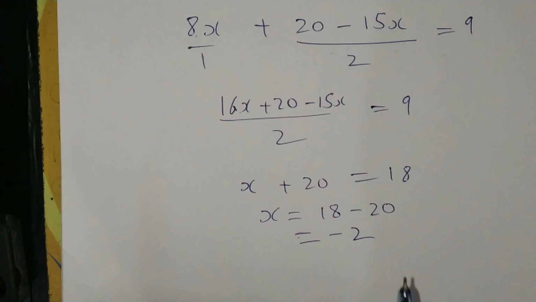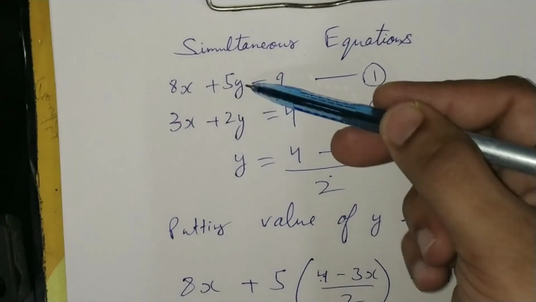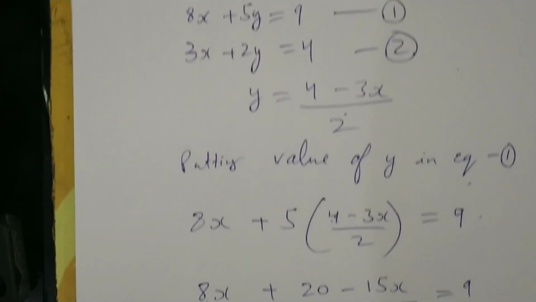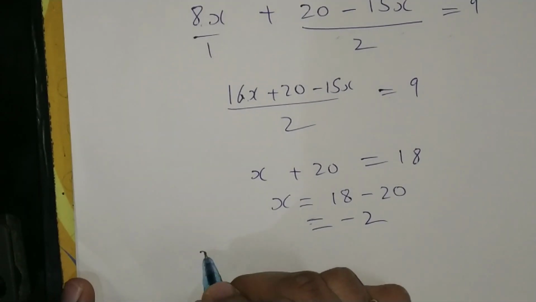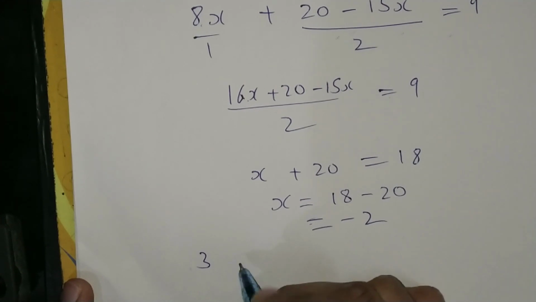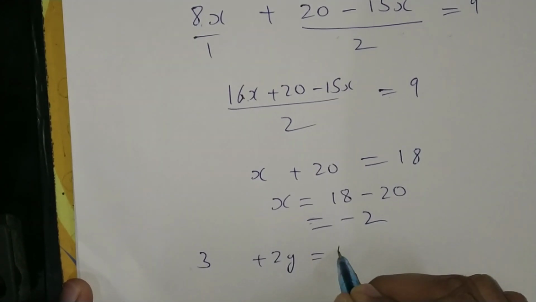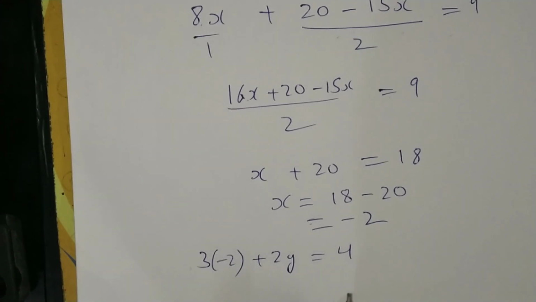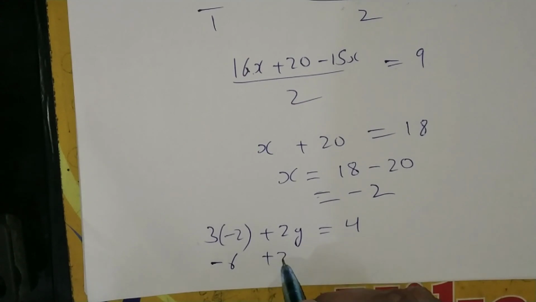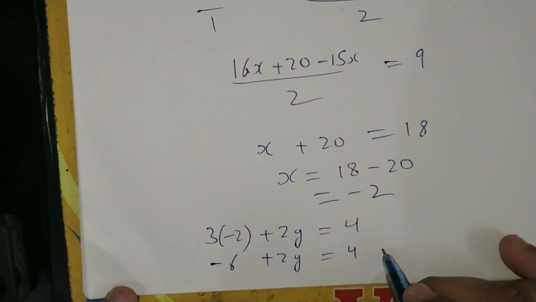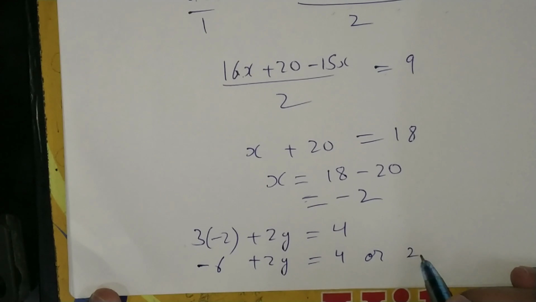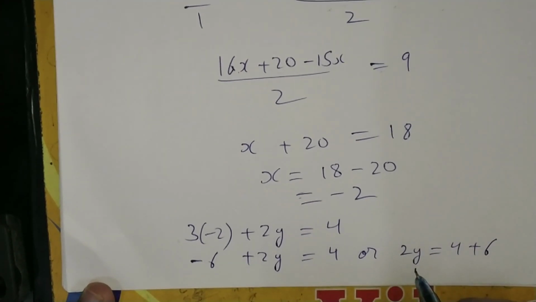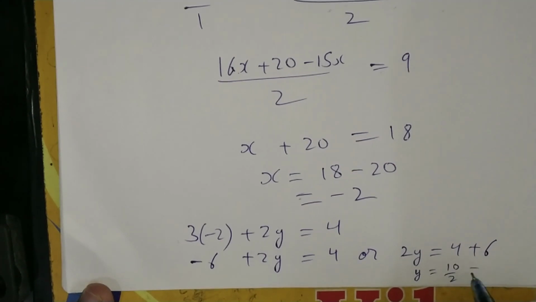After calculating the value of x, now put this value in any one of the equations. For example, 3x plus 2y is equal to 4. In place of x I will write minus 2. So this is minus 6 plus 2y is equal to 4, or 2y is equal to 4 plus 6, y is equal to 10 upon 2, that is 5.